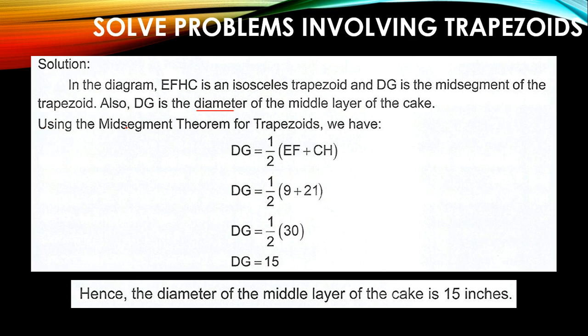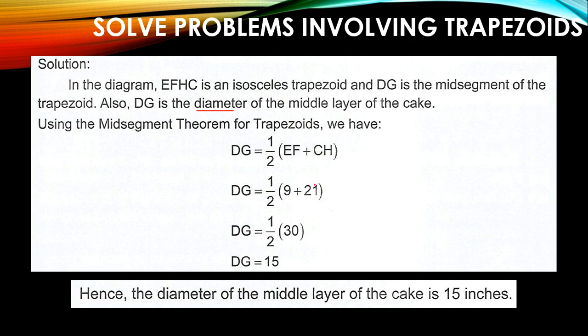And using the mid segment theorem for trapezoids, we have DG equals 1/2 times EF plus CH. So DG is the median or the mid segment, EF is the lower base, CH is the upper base. Then substitute the given elements of the problem. EF is 9, CH is 21.